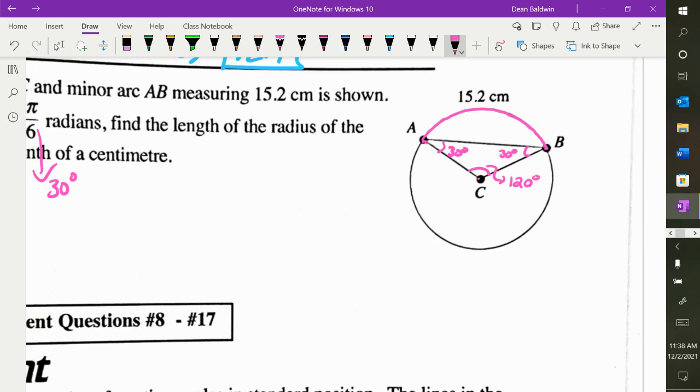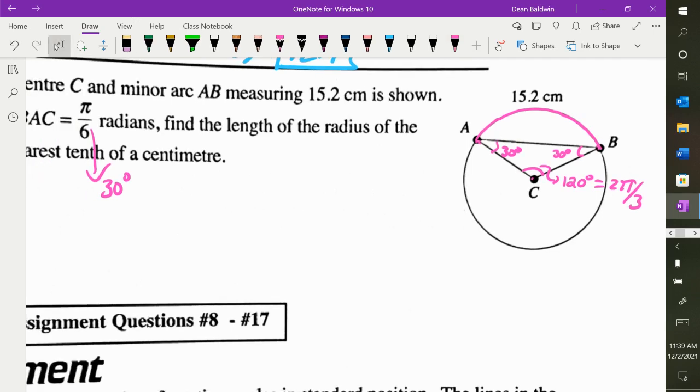What's 120 in rads? Because we don't want degrees. 2 pi over 3, right? Does everybody agree with that? Yeah. Because pi over 3 is 60, and there's 2 60-degree angles. So that is 2 pi over 3. Now, I'm just going to redraw this just so it looks like everything else that we have. This is 15.2.